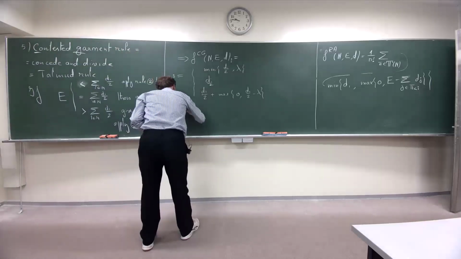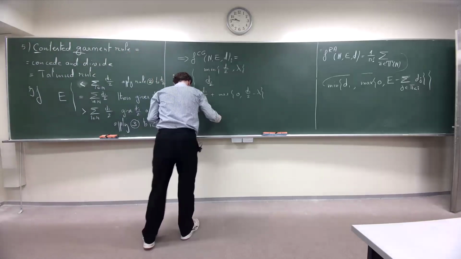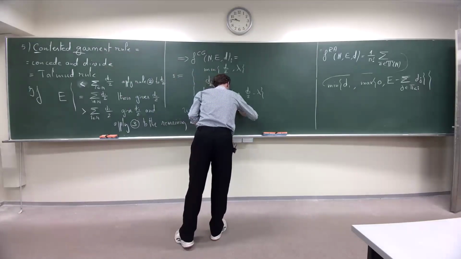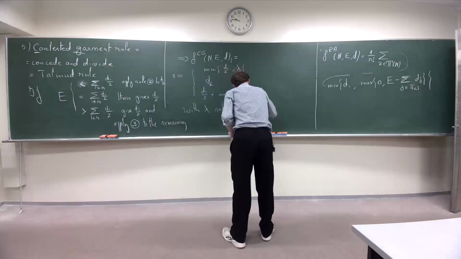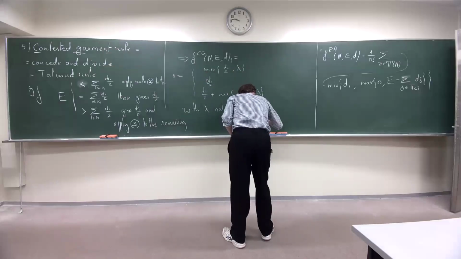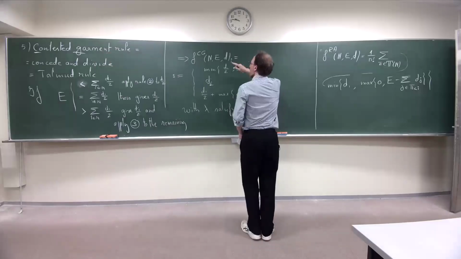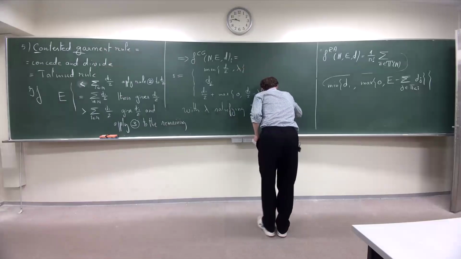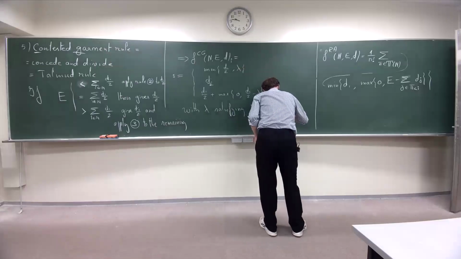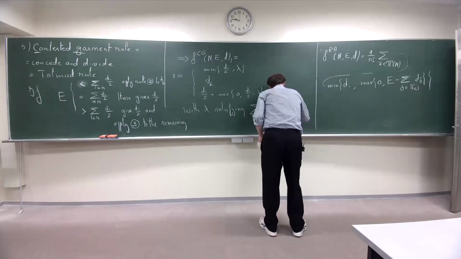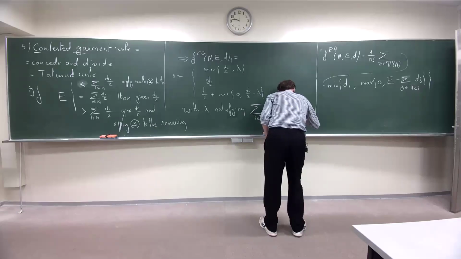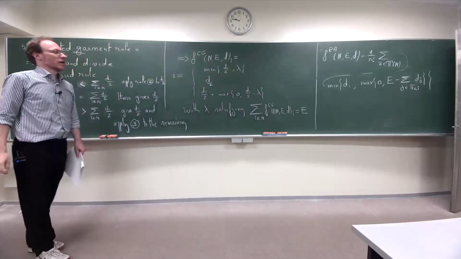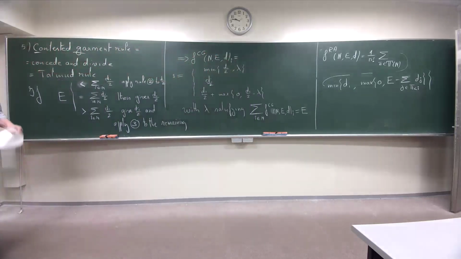And with lambda satisfying that the sum over all i in N of the rule applied to di is equal to E. So we want to distribute the entire estate.